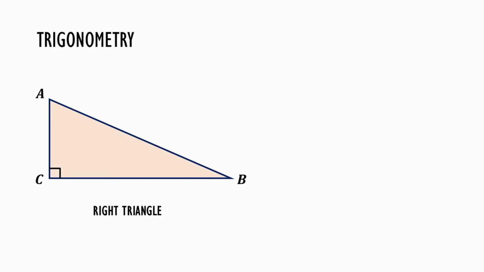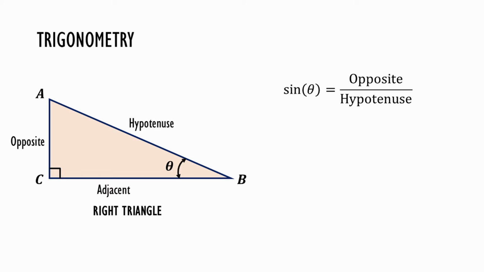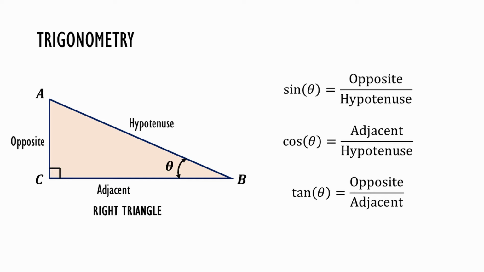In any right triangle ABC with a given angle theta, sine of theta is equal to the opposite side divided by the hypotenuse. Cosine of theta is equal to the adjacent side divided by the hypotenuse. Tangent of theta is equal to the opposite side divided by the adjacent side.